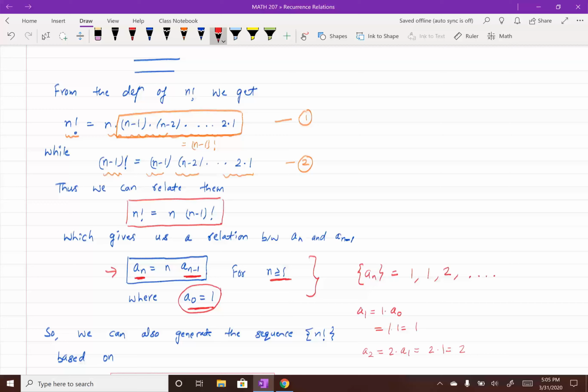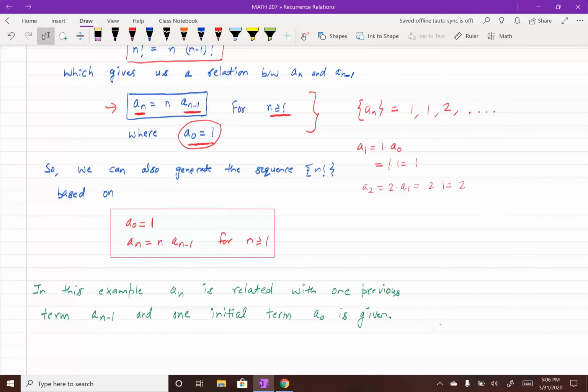Okay, so this is the way if an explicit formula is given to you or if a sequence is given to you, then you can try to find some initial terms which you need to initialize, which you cannot generate through that rule, and the rest of the terms you can generate through this rule. Then you find that rule and you say my sequence is now represented in the form of initial terms and with the help of this rule.